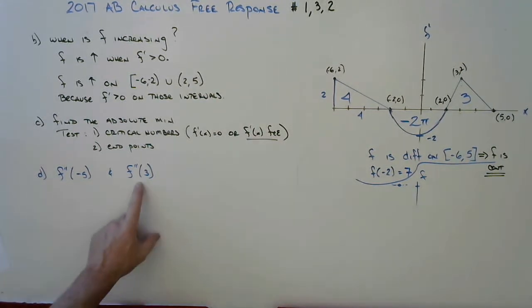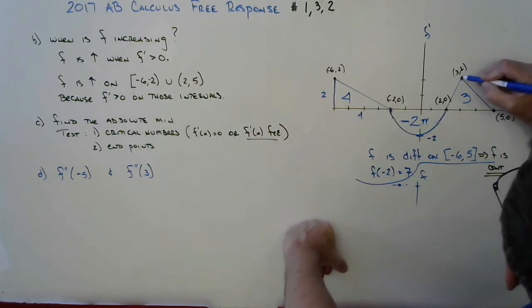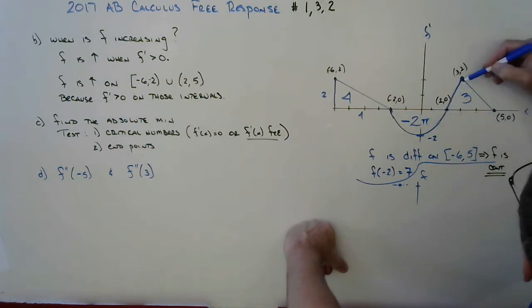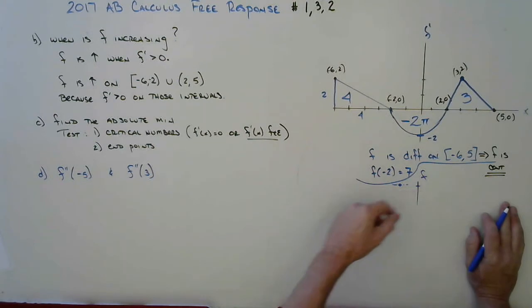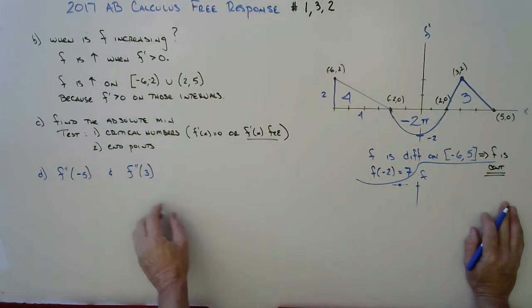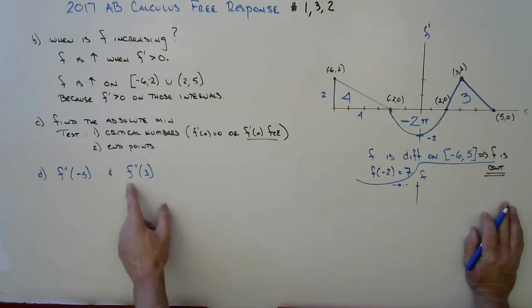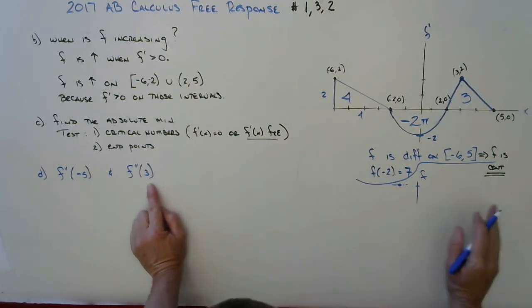Well, let's take f double prime of +3 first. +3 is right here. F double prime is the derivative of this graph, and that's a corner. So we know derivatives don't exist at corners. So f double prime of +3 fails to exist. But we have to show that.